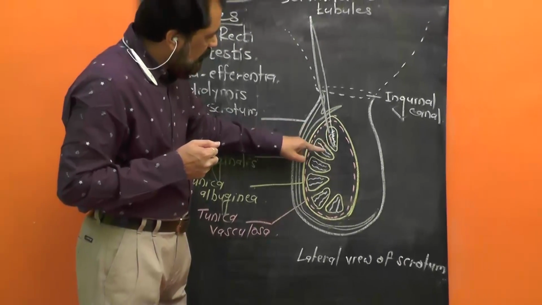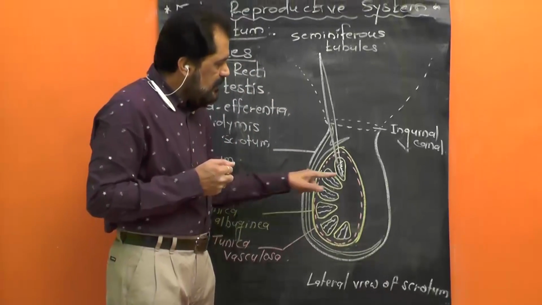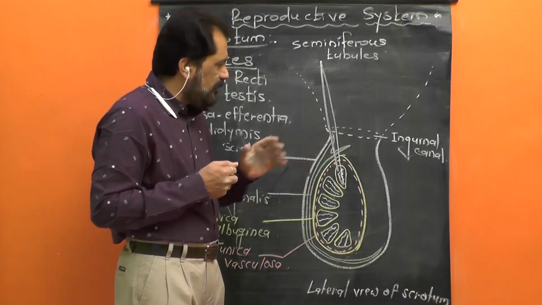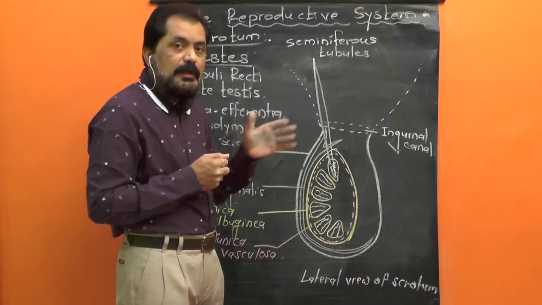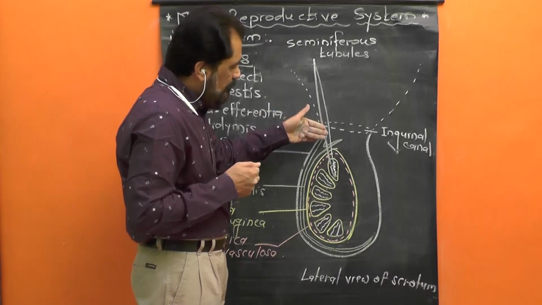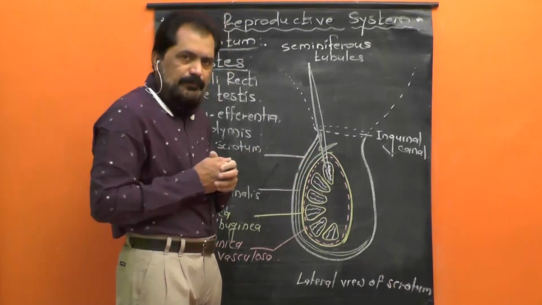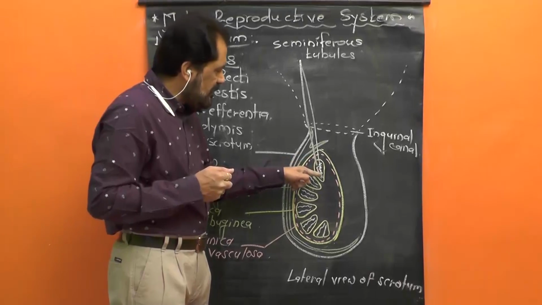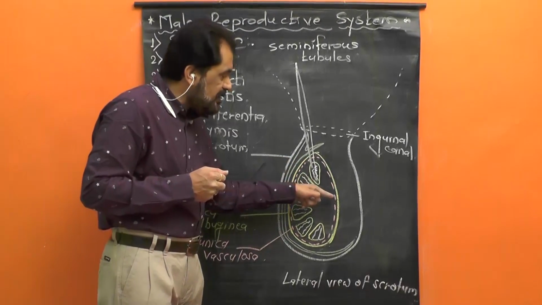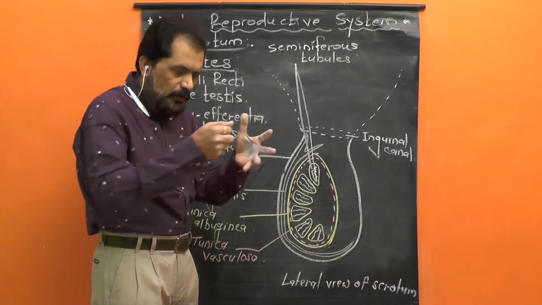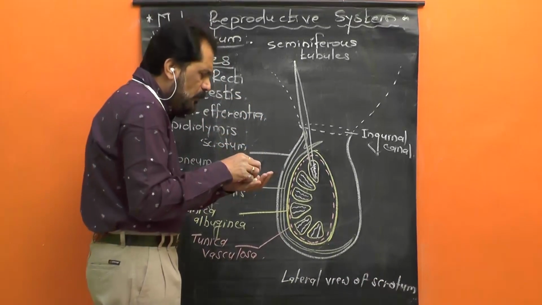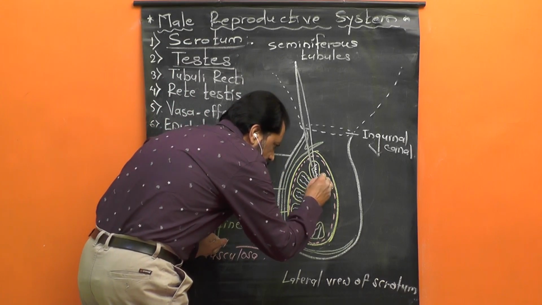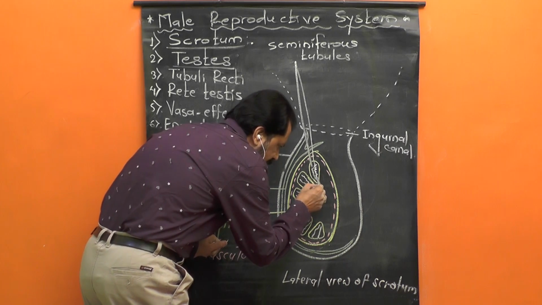The seminiferous tubules of each lobule run medially and posteriorly, in the sense that they run towards the posterior side, the back side of the testes, converge and fuse together to form short and straight tubes.